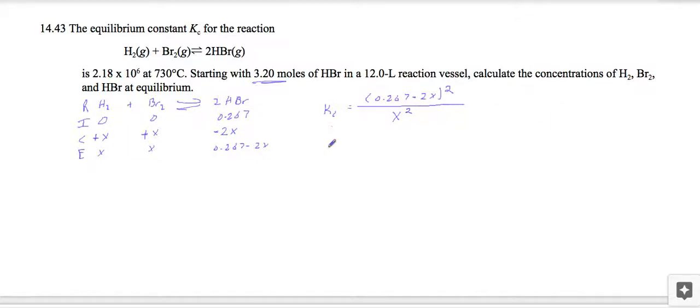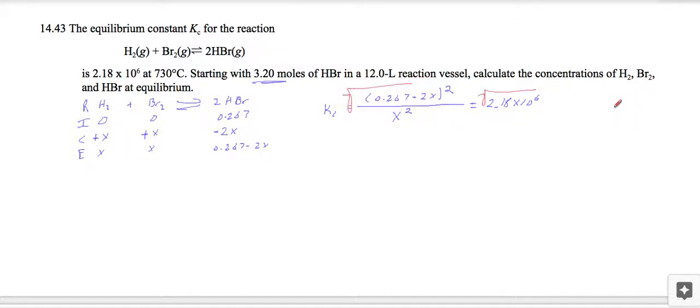All right, and now we can solve for the x. Oh, here's the Kc over here. It is 2.18 times 10 to the 6th. Now, this is kind of a nice algebraic thing, so we can get away from the quadratic in this problem. Since we have this whole value squared on the top and this whole value squared on the bottom, we can take the square root of both sides.